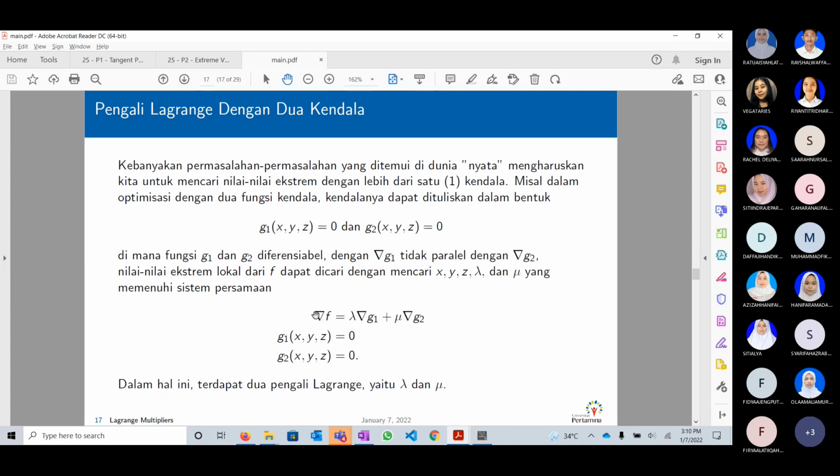The gradient equation is grad f equals lambda grad g1 plus mu grad g2, with two Lagrange multipliers, lambda and mu, and the next equations are the constraints g1 and g2. So basically we need to solve all of this.